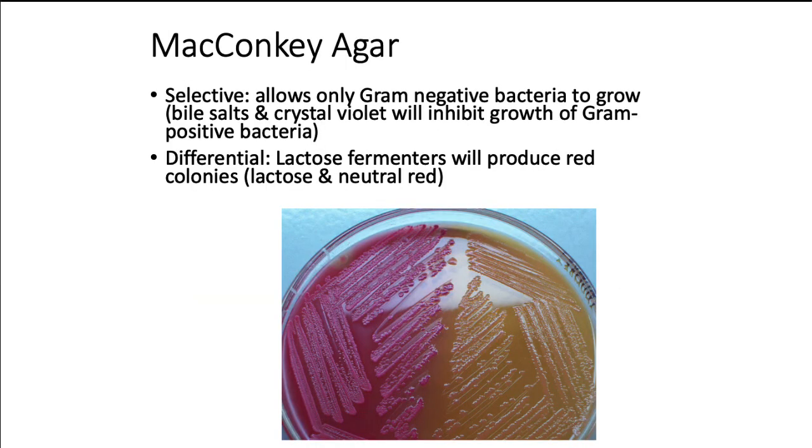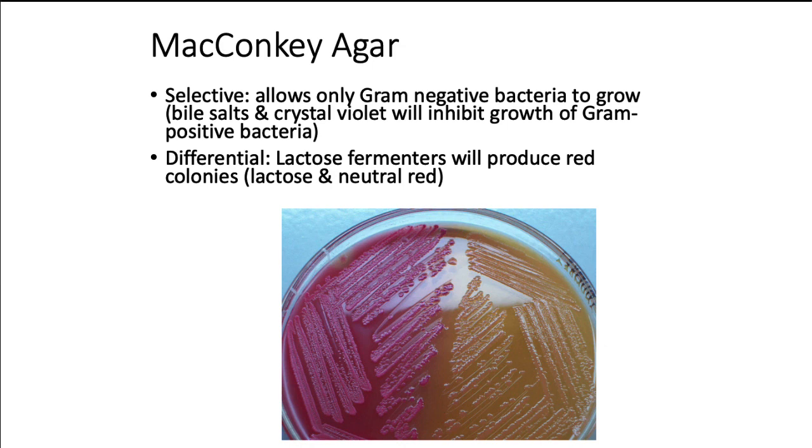Then we have MacConkey Agar, and this is another selective and differential medium. You saw that in the previous simulation. So it is selective because it has the ability to inhibit the growth of gram-positive bacteria. So only gram-negative bacteria can grow on MacConkey, and this is because of the content of bile salts and crystal violet.